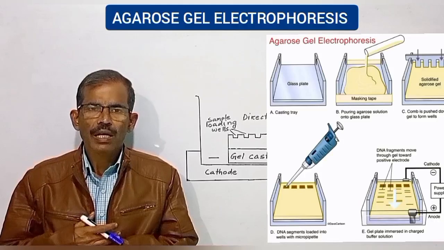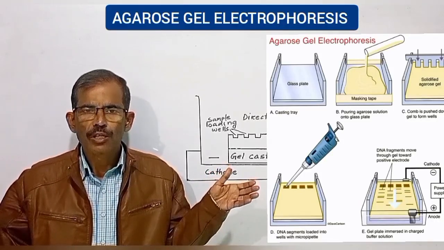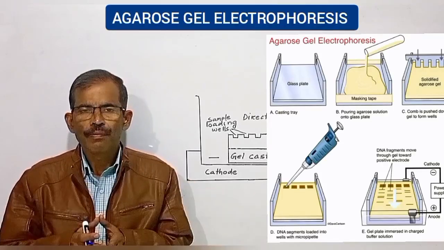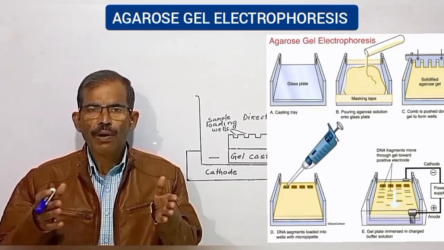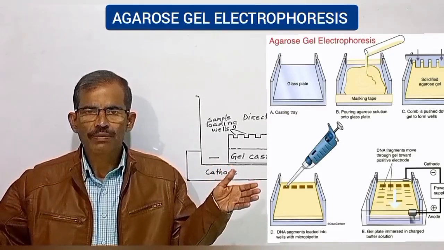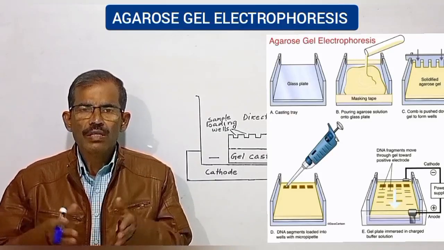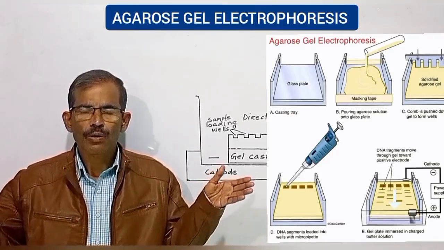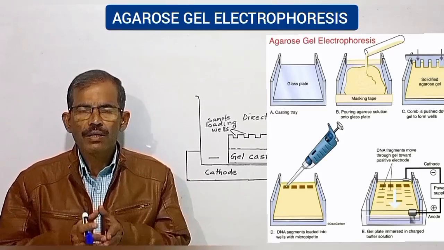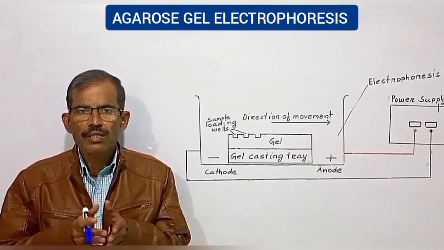In most cases, the concentration of agarose ranges between 0.5 and 2%. The concentration of agarose used depends on the size of nucleic acid fragments to be separated. The lower the concentration of agarose, the larger the pore size, and the higher the concentration of agarose, the smaller the pore size.